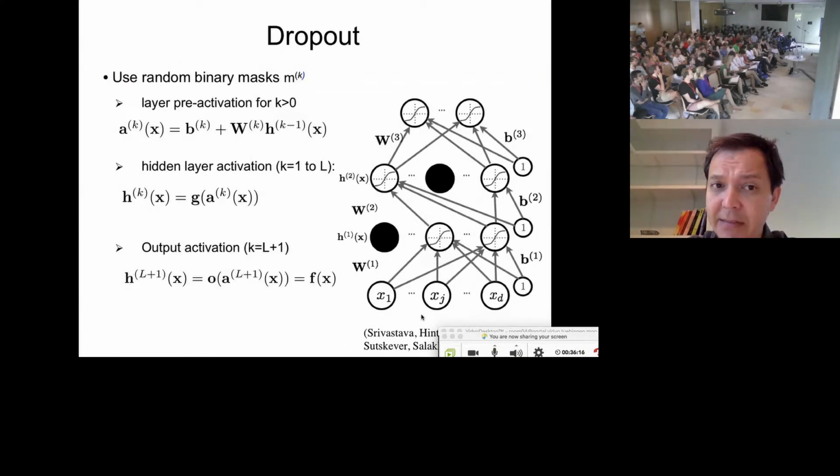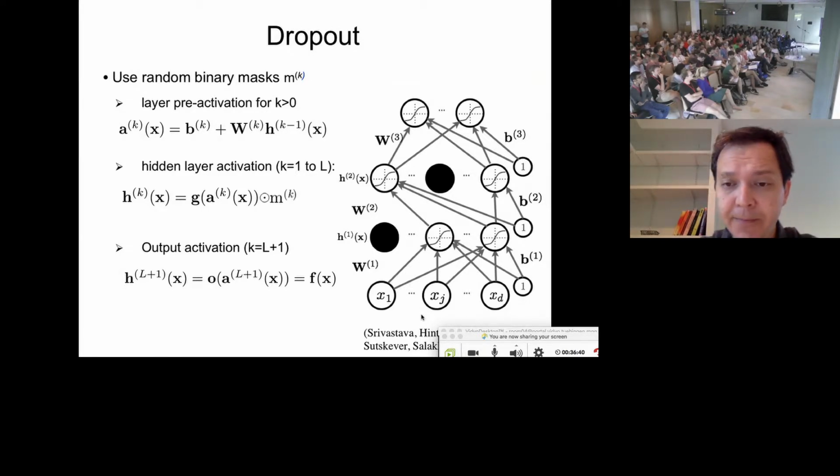How do you actually implement this in practice? Well, you can use a random binary mask, right? What you're seeing here is layer pre-activation, hidden layer activation, and output activation. So this is your standard neural network code where you compute pre-activation, pass it through the nonlinearity, pass it through the output activation, and then you simply do element-wise multiplication with your binary mask.